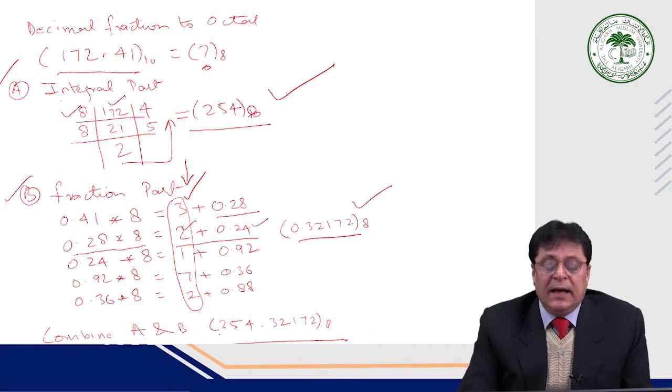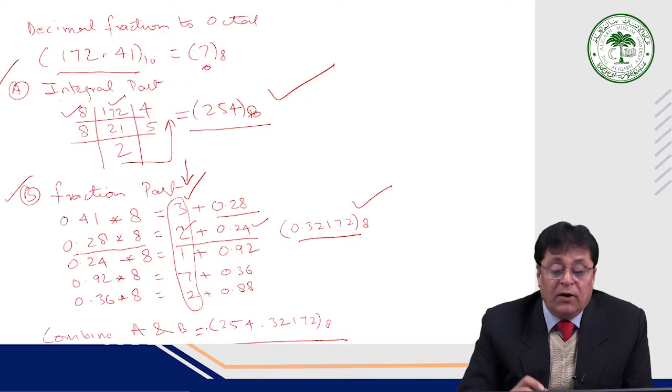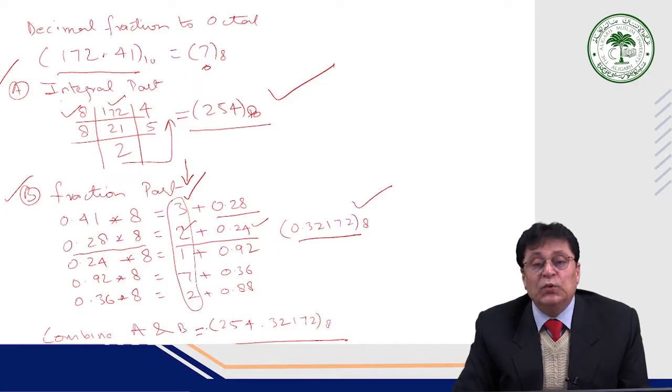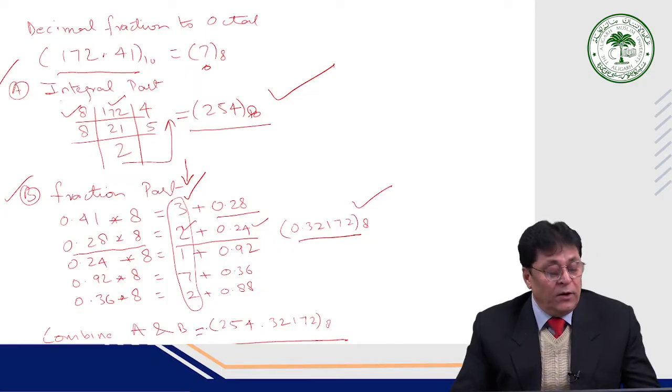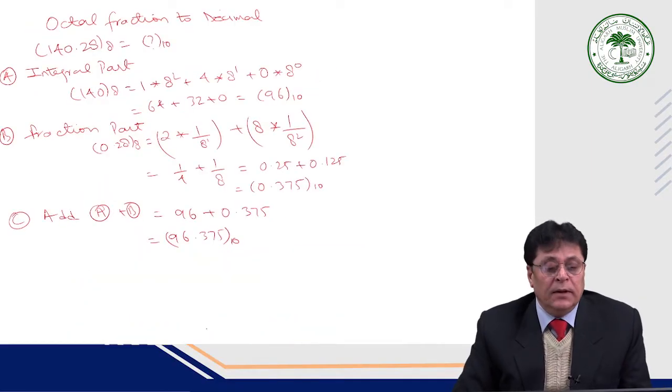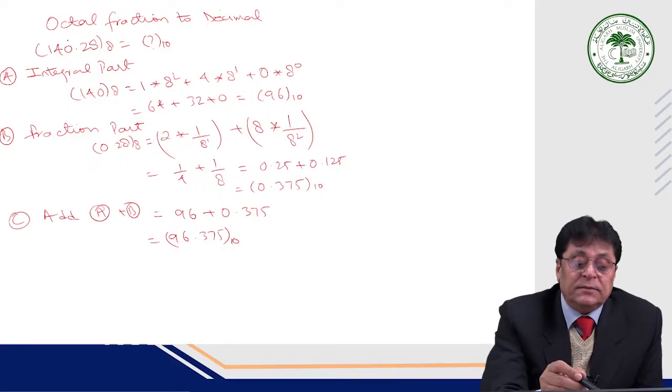So the actual result of conversion of decimal fraction to octal fraction is 254.32172 octal.